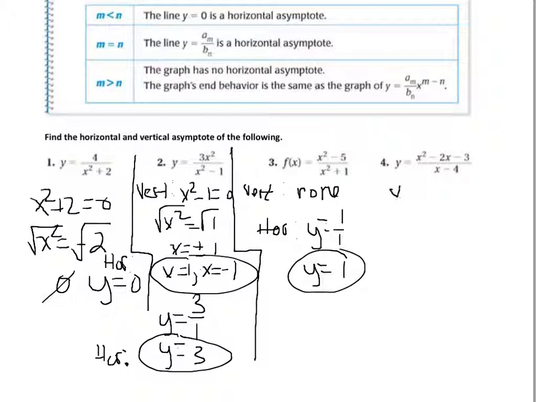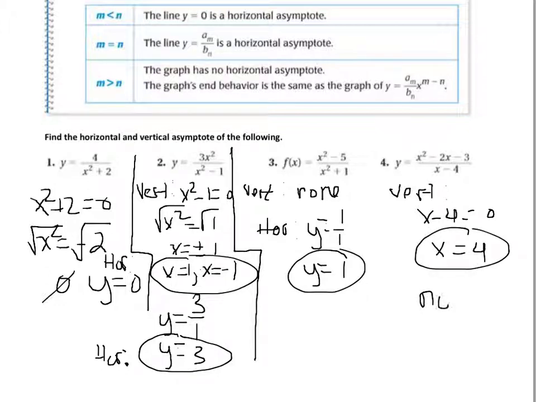The vertical, x minus 4 equals 0, so x equals 4 is the vertical. The horizontal degree is bigger on the top than it is on the bottom, so it's none. Okay. These are the pieces we're really going to have to graph, guys. You must graph these.